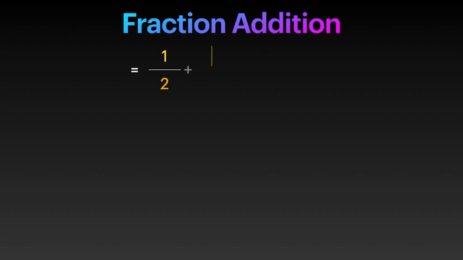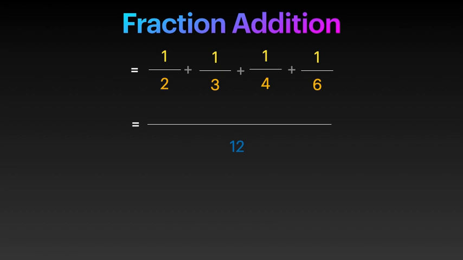Okay, now we relate to our original question again. Fraction addition. What is the total of half, 1/3, 1/4, 1/6? These are the same fractions we were talking about in the earlier slide. Therefore, we know the LCD of these fractions.